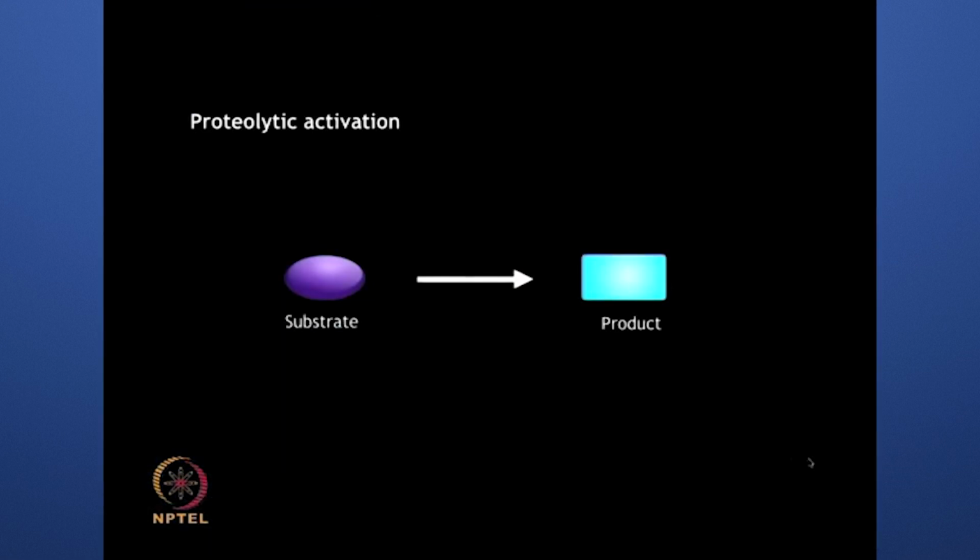Several enzymes exist in their inactive forms known as zymogens, where they do not possess any catalytic activity. In order to become active, they need to be activated by hydrolysis of one or more peptide bonds by various proteases.